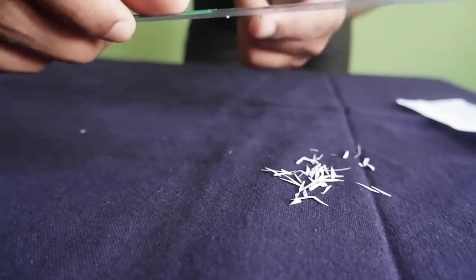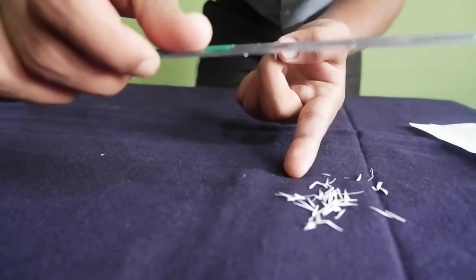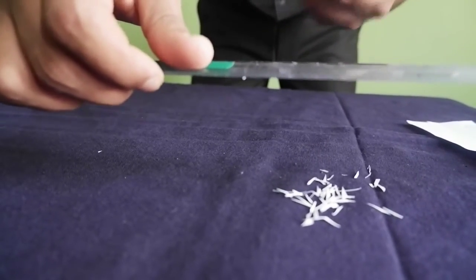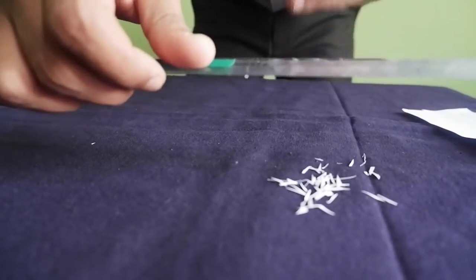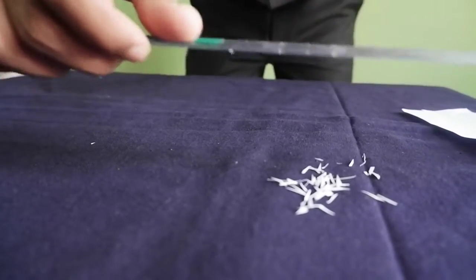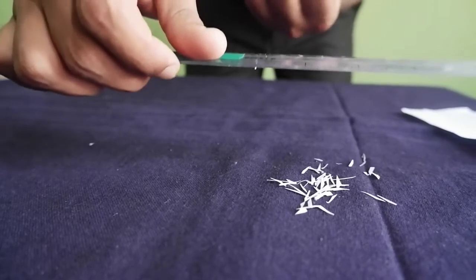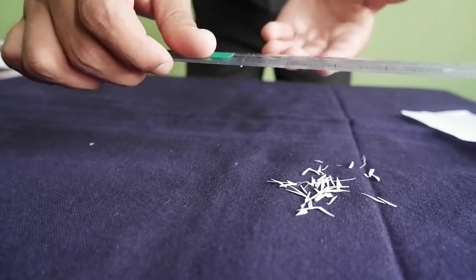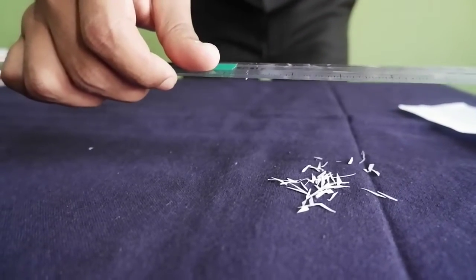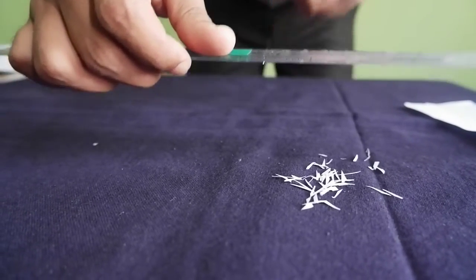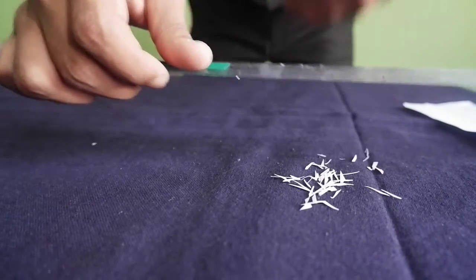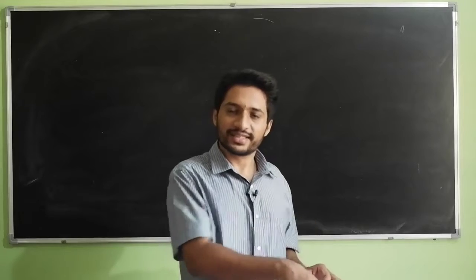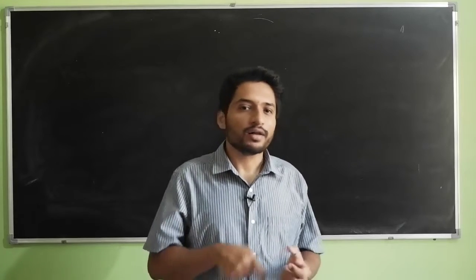The method by which the scale is attracting the paper bits is induction, but the method by which I have charged the scale with my hair is charging by friction. The scale is gaining electrons and my hair is positively charged because it is losing electrons. The plastic scale has gained electrons from my hair, so it becomes negatively charged. So what we saw was the scale attracting the paper bits.